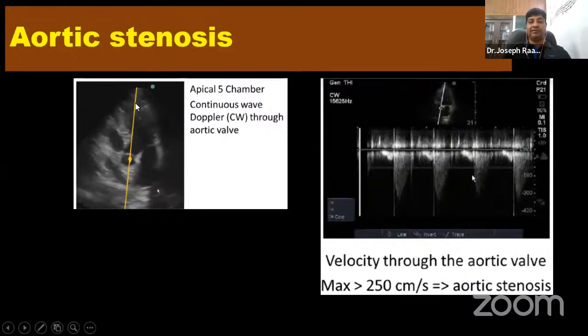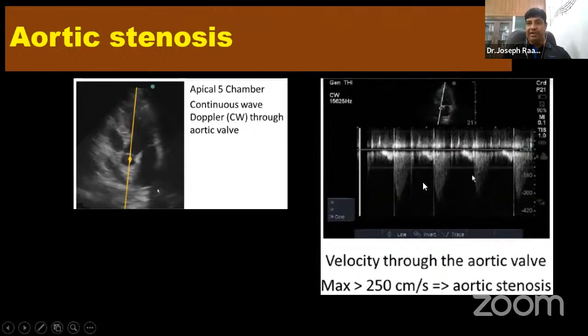Then you take a continuous wave Doppler and keep it at the aortic root level. Then activate the CWD and you get negative waves like this. This is the jet, your LV jet into the aorta. If you measure the maximal velocity and it is more than 250, it is suggestive of aortic stenosis.